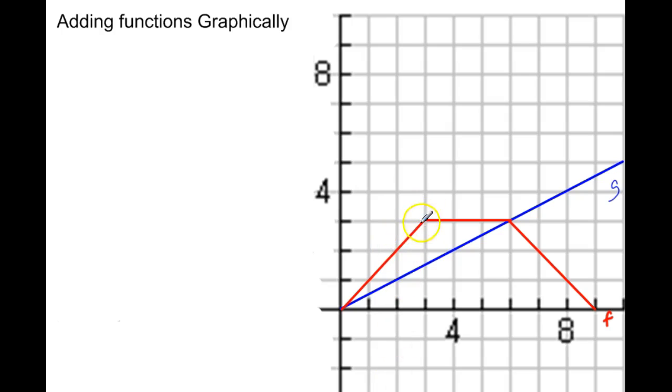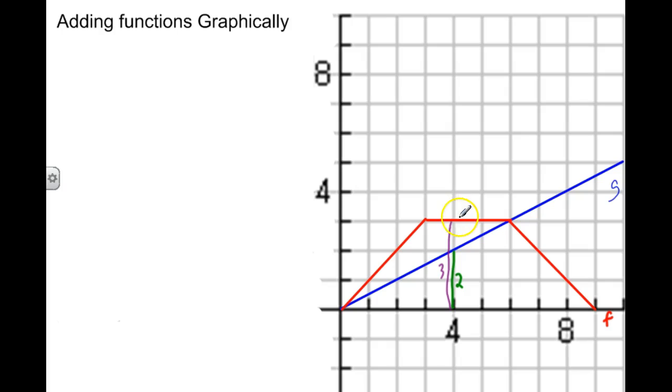And all you need to do is take, let's say we take the value of 3 here. So at 3, you can see, well, let's take 4. 4 seems easier here. So this is 2 units tall, and the y value of this function is 3 units tall.